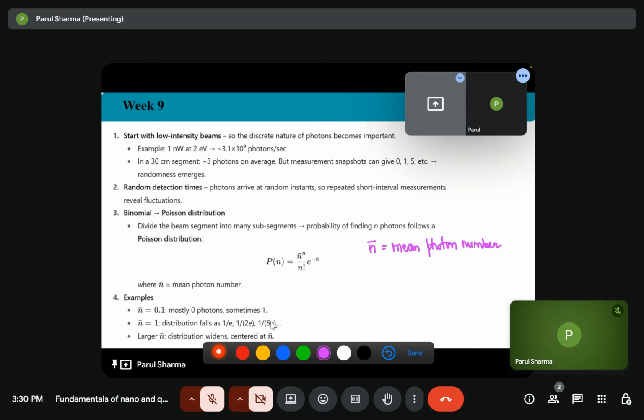So there are various examples where we consider that if n bar is equal to 0.1, we substitute the value, so mostly 0 photons.